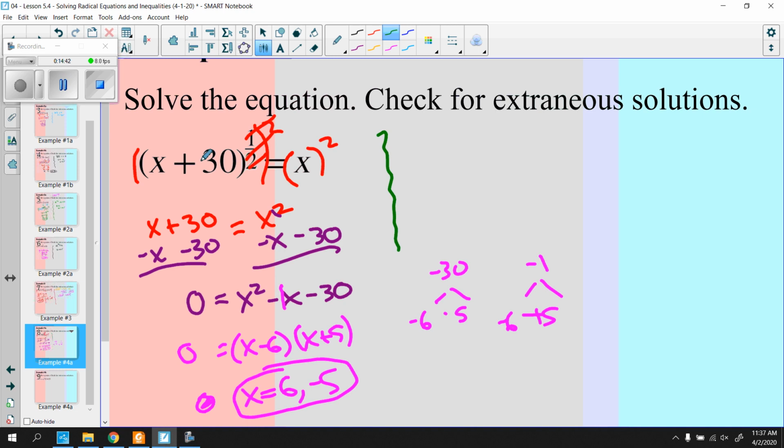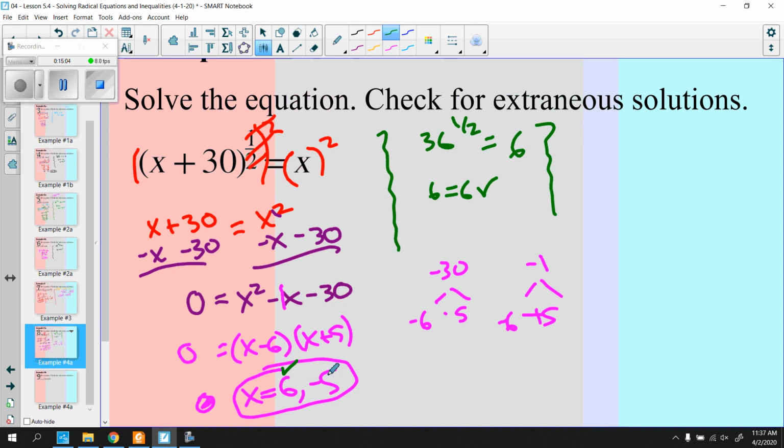Plug it in here. x plus 30 is 36. So I'm basically looking at 36 to the 1/2 power. Does that equal, and I've got to get the 6 in over here as well. So 36 to the 1/2, that's essentially the square root of 36. Yep, 6 equals 6. So I like that answer. I think we're good there. It's the negative 5 I think we're having an issue with. It's close. They're usually going to be the same number, just opposite signs.